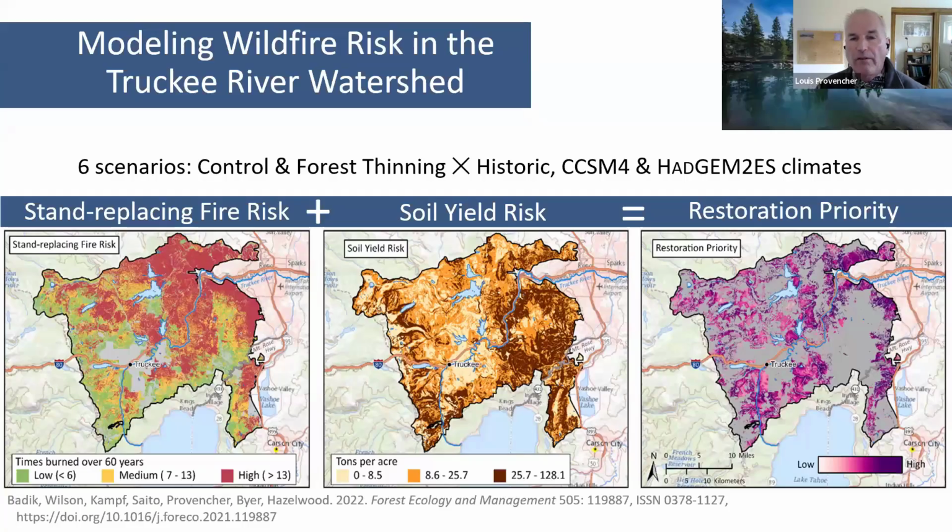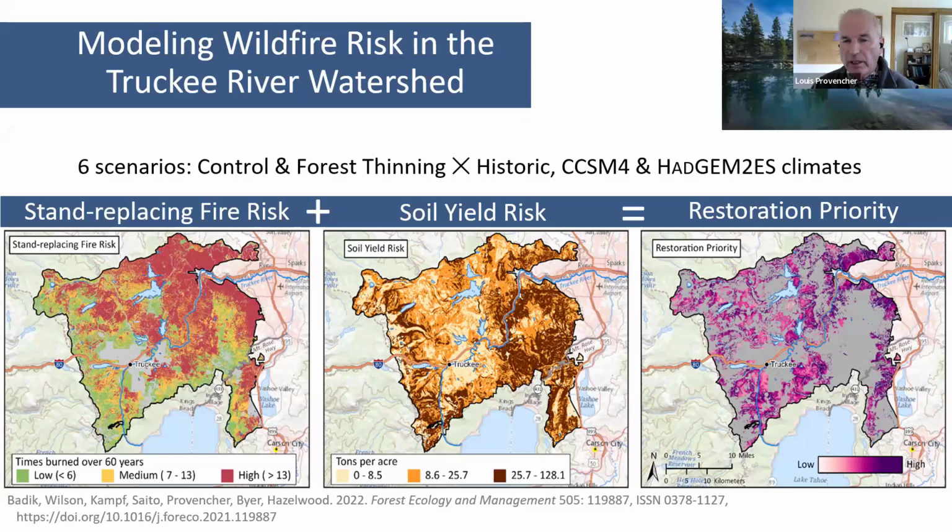This is a paper Kevin Baddick led, but basically this was in the Tahoe National Forest and the Humboldt-Toiyabe National Forest. So that's Lake Tahoe you have there. We did 6 scenarios: control and aggressive forest thinning, combined with 3 climate scenarios, a historic and 2 global circulation models. We did this for 60 years. In this specific case, we determined, in the first graph, the stand-replacing fire risk.